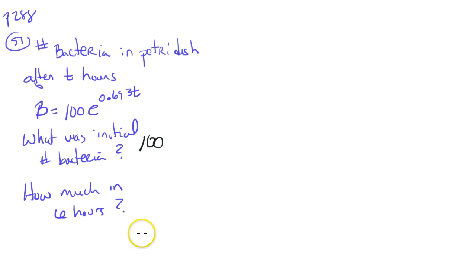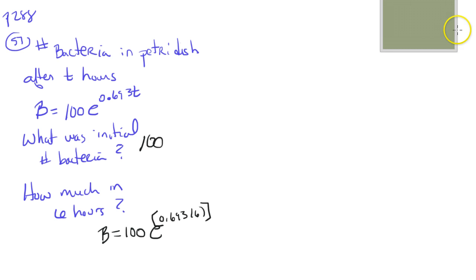How much was there in 6 hours? All right, so that's going to be B equals 100 e to the 0.693 times 6. Now when you're typing this in, just make sure this whole thing is in a parenthesis upstairs. Okay. So 100, and actually over the ln button they have e with a caret.